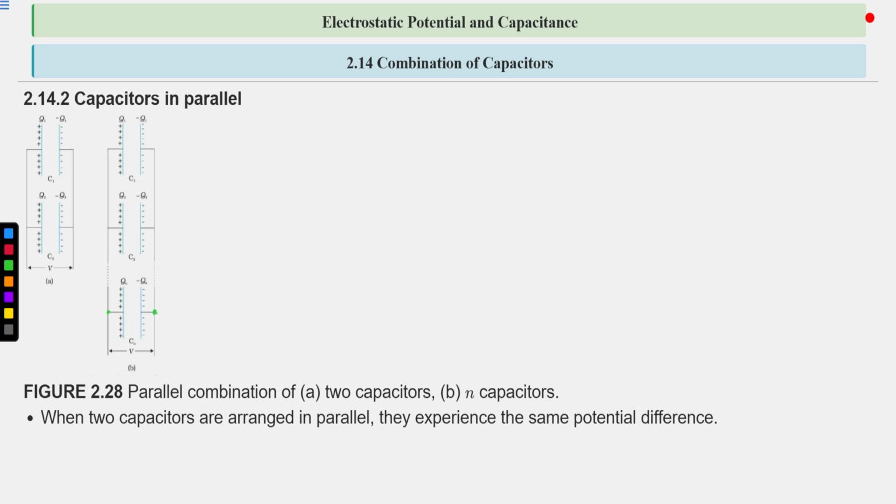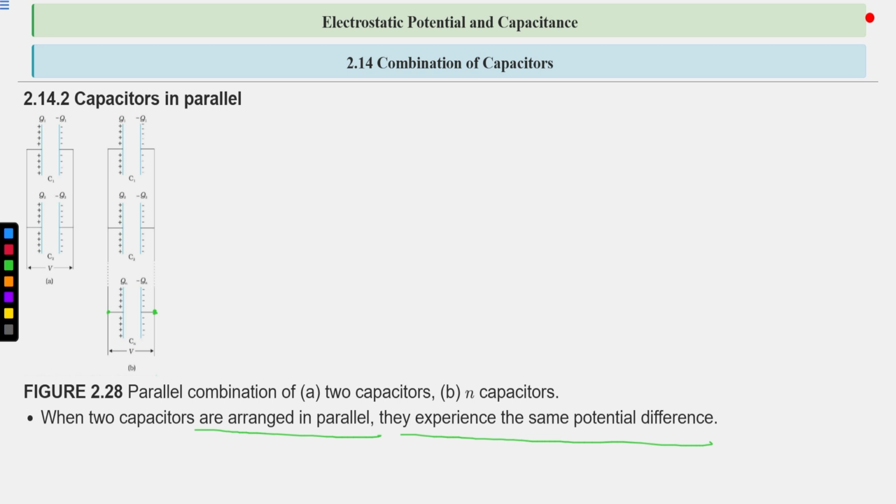The potential difference across this common point is V, so the potential difference across all the capacitors is V, but the charge on them is different. Now the scenario is reversed. In series combination, same charge across all capacitors but different potential difference. Now same potential difference across all the capacitors but different charges.